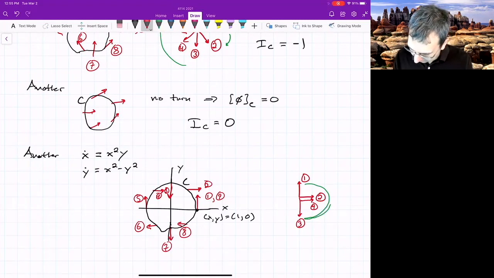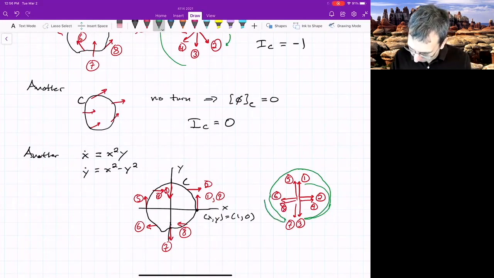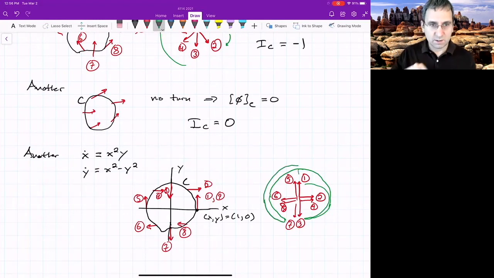In fact, 5, then 6, going this way, then 7. Oh, we made a full turn. Oh, but then we go back, because if you look at what's 8, 8 is pointing directly to the left. So we're turning back again, and then back to 1. So we actually did net 0 turns.